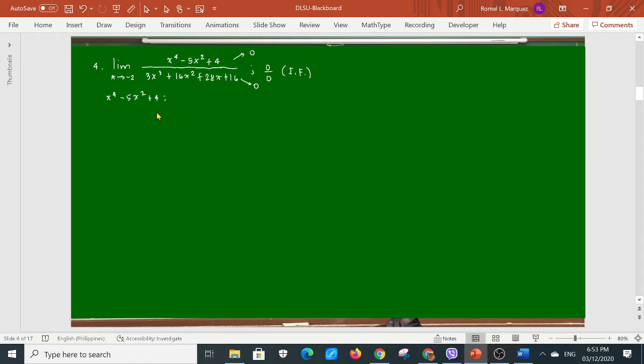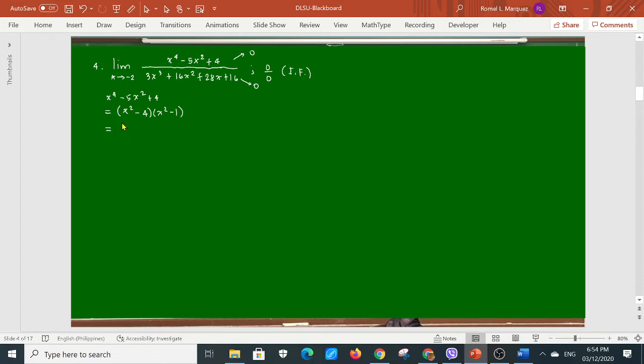So how are we going to get the factored form of this? Even if synthetic division is not performed, it's alright because this has only 3 terms, no? I can have trial and error. That is x squared minus 4, x squared minus 1, no?